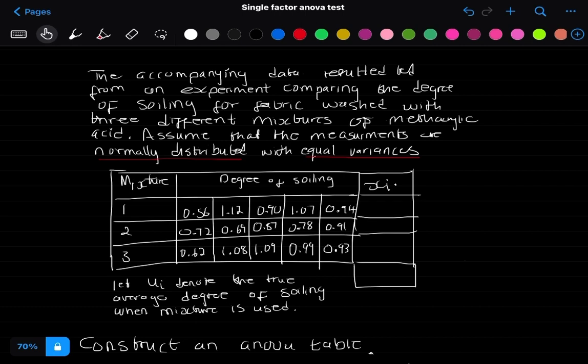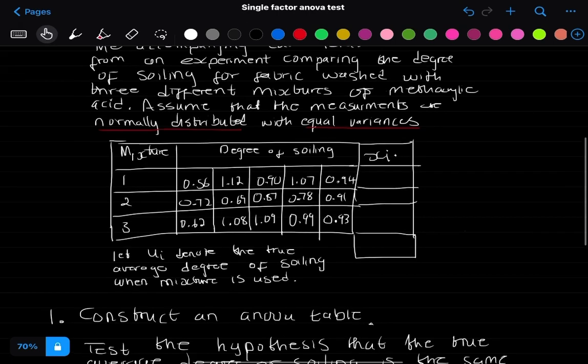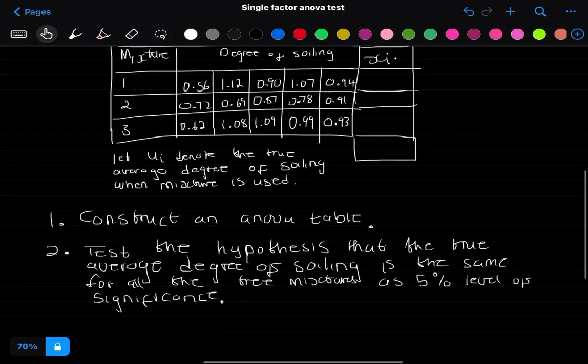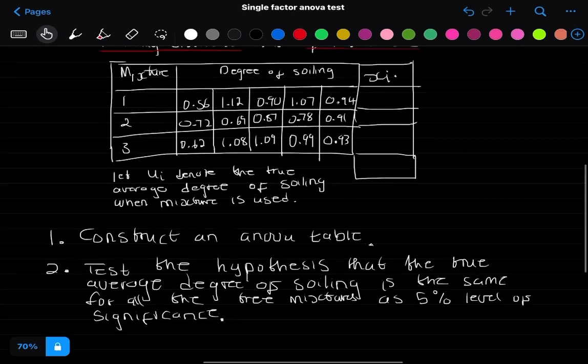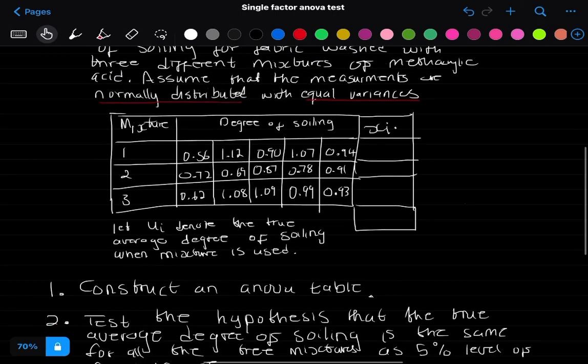Now, first thing first, for us to be able to do the testing, we need to construct the ANOVA table, and then lastly, we then do the testing. So let's start with the first question.